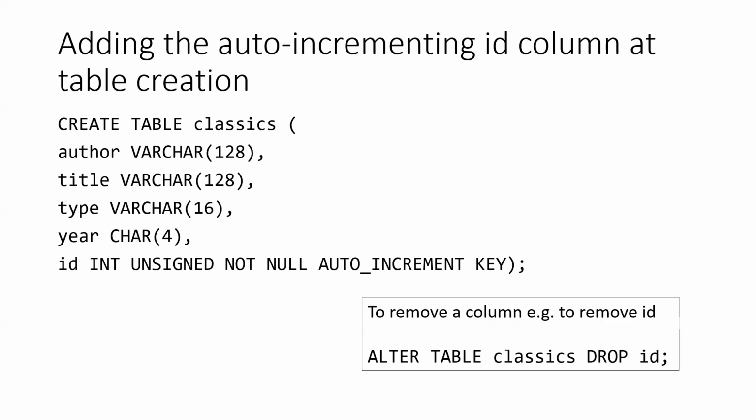And the last line is the new addition. We say ID is int unsigned, not null, auto increment, and it's a key. So these are the information. If you want to remove this ID, simply you can alter table classics and say drop ID. So you can put information like this.